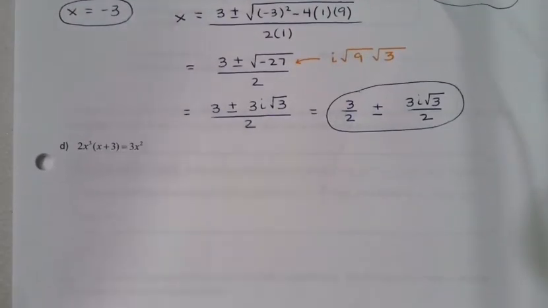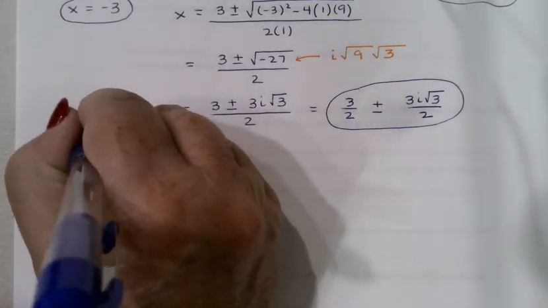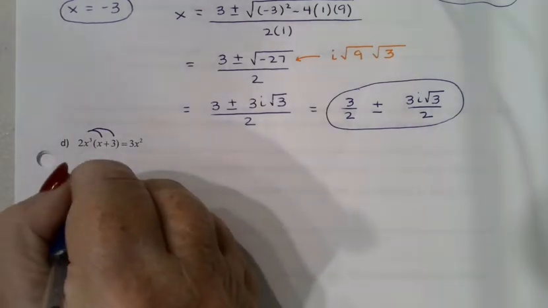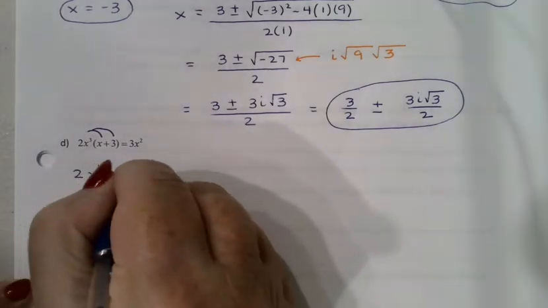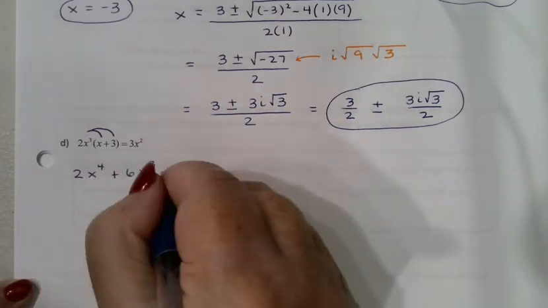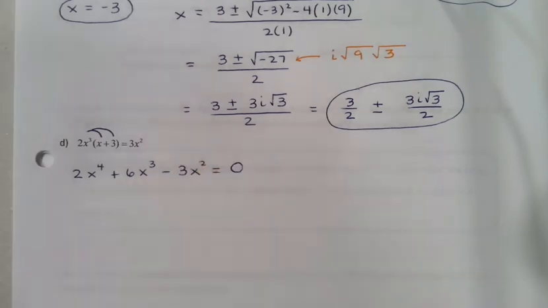All right, I've got one more here. This one I don't yet have in the form I need. It's definitely not equal to 0, and in fact I need to distribute that to get standard form here. So I'm going to start by saying 2x to the 4th plus 6x to the 3rd, and then I'll subtract that 3x squared to get that equal to 0 like I need.